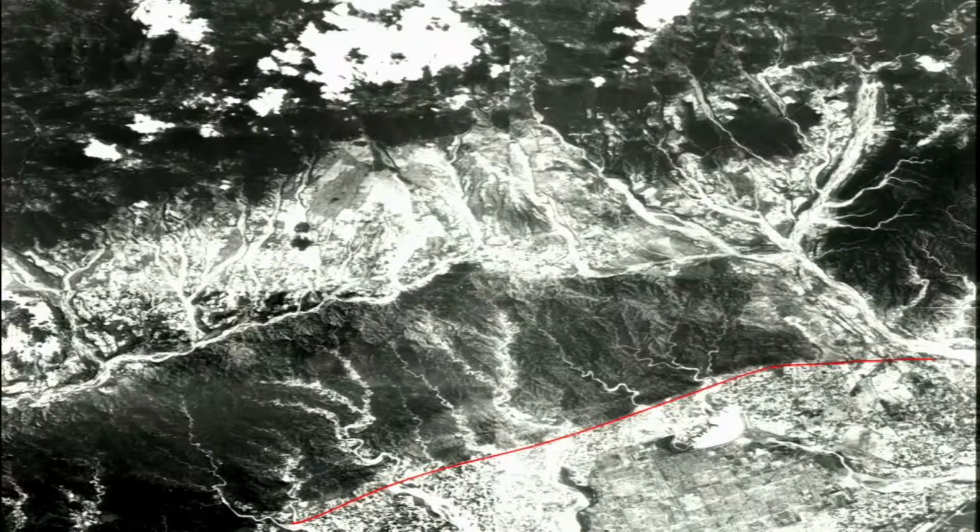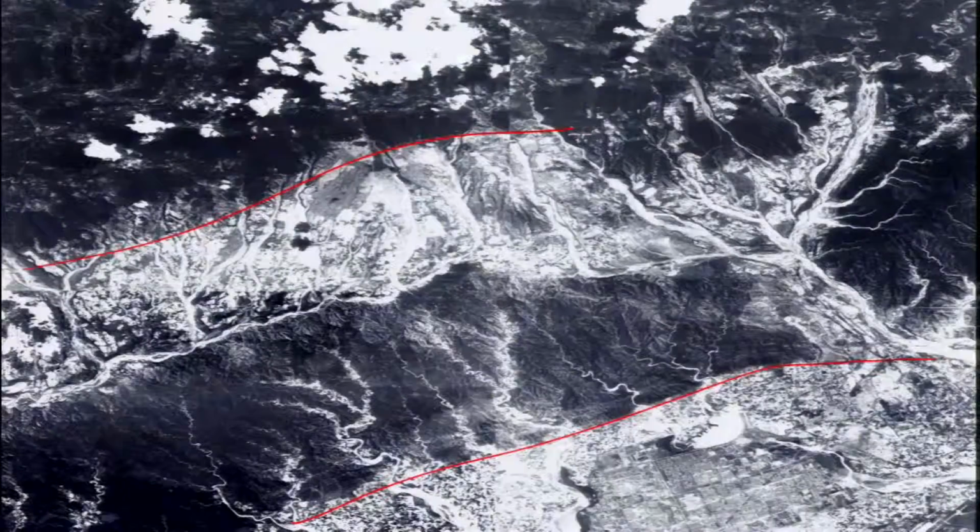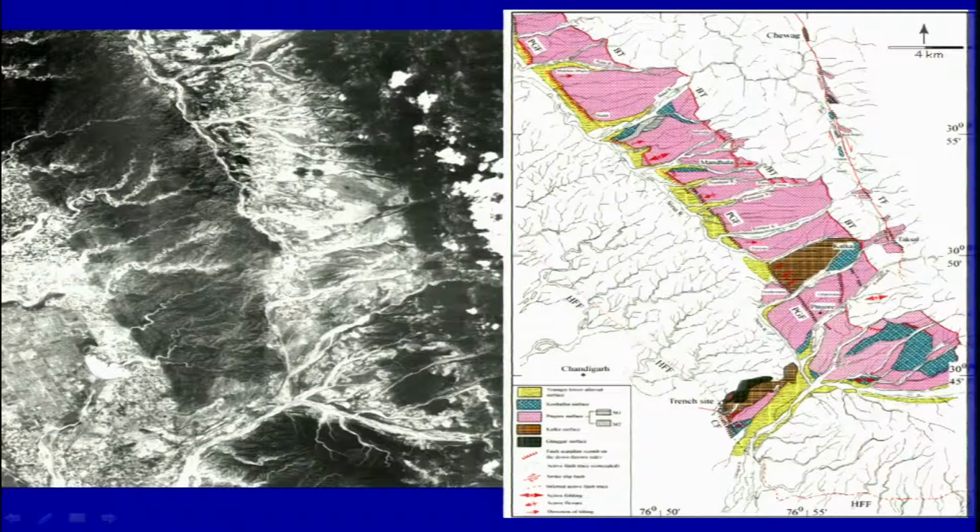Okay, another contact, very sharp contact, is here. Okay, this is again in flat area which is in Pinjore Dun or Pinjore Valley, and further getting into the lesser Himalayas here. Okay, this is the same map which you are seeing on the right as a colored map, that is the geomorphic map, which I was showing earlier.